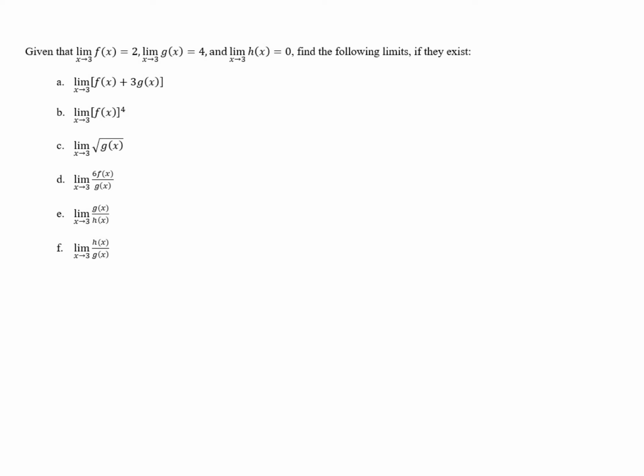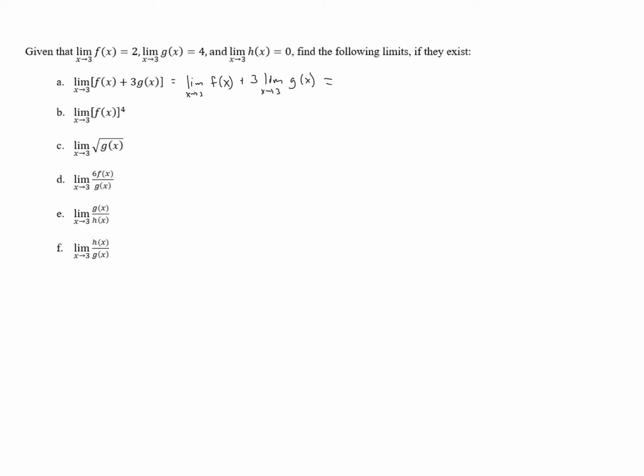Now we know that we have a limit law that says the limit of a sum is the sum of the limits, so we can separate this into the limit of f of x plus the limit of 3 times g of x, but then we also have a rule that says we can pull out that coefficient outside of the limit, and so this is going to become the limit as x approaches 3 of f of x plus 3 times the limit as x approaches 3 of g of x.